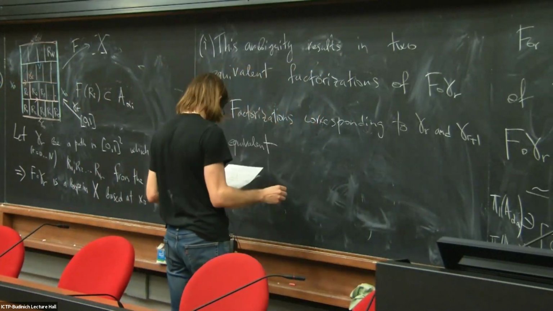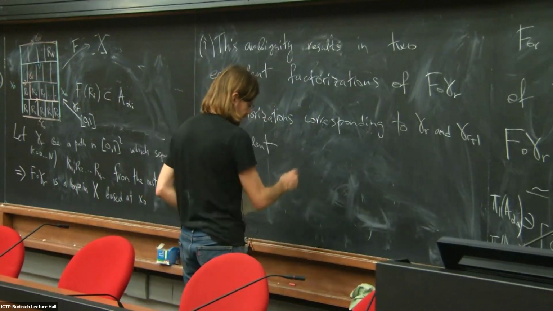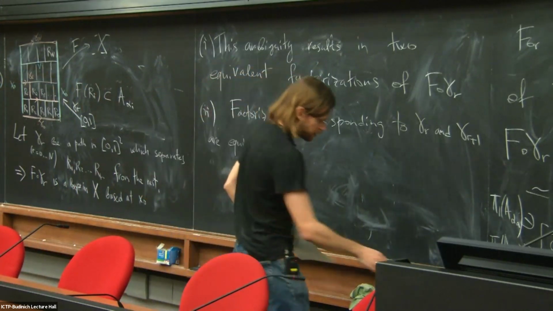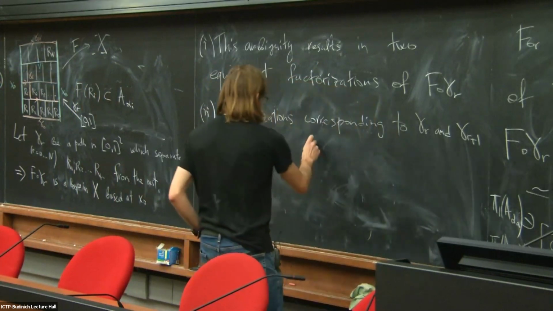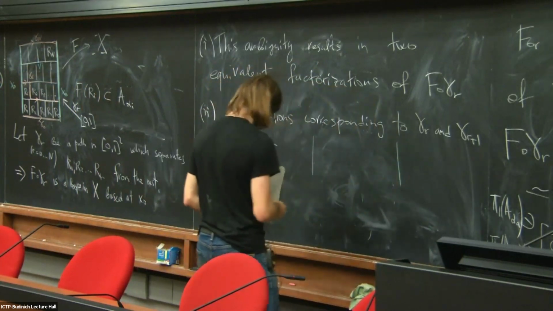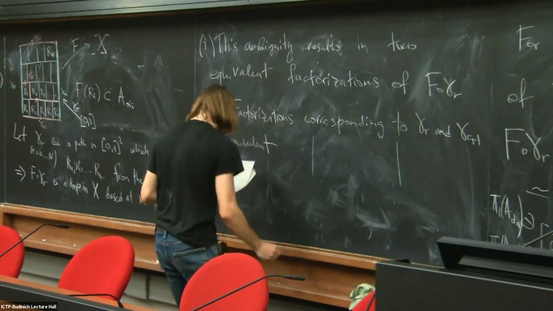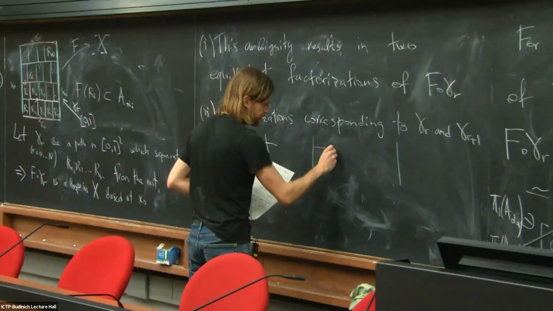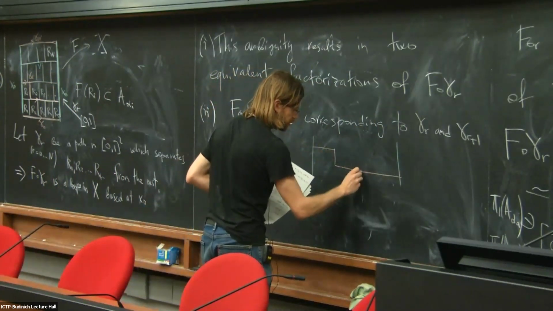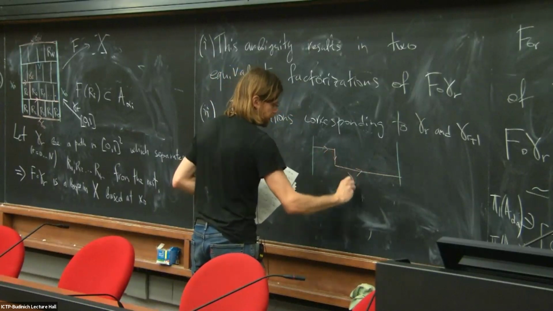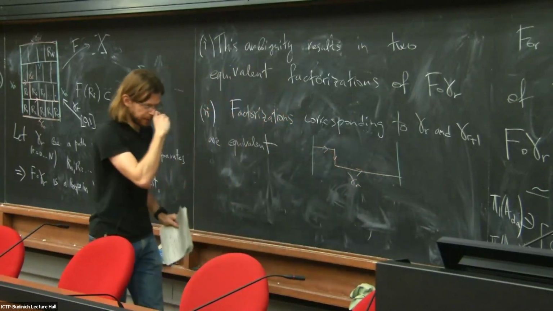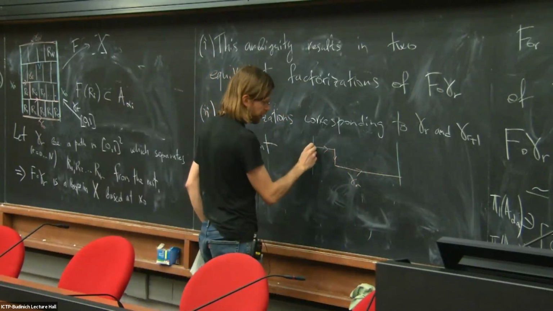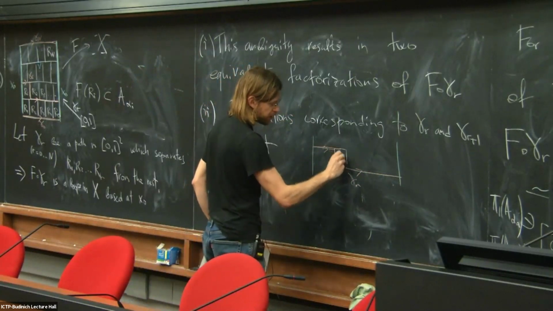So why is that? Suppose, let us draw it here. We have some path gamma r in the square, and let's consider a path gamma r plus 1.